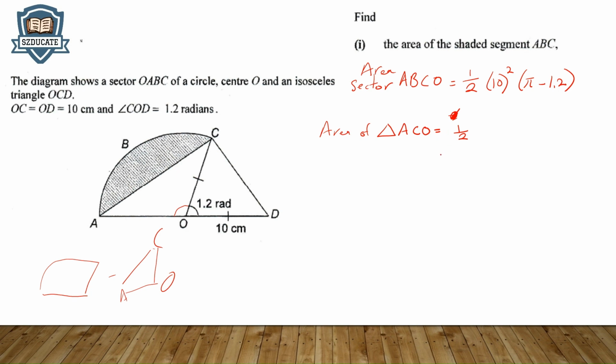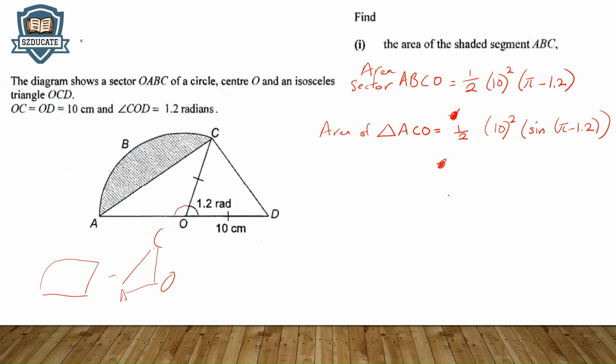So half AB. A and B are the two sides, which are AO and OC. That will just be the radius, which are not really radius lah. In this case, just 10 lah. Okay, so again, it's 10 square because it's 10 times 10. And then sine, half AB sine C, sine again this angle here, which is pi minus 1.2.